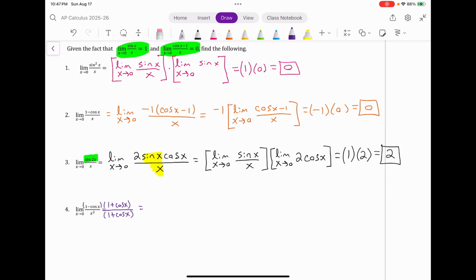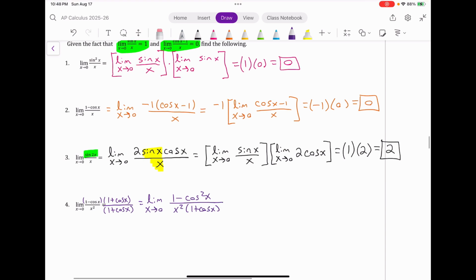So, all right, let's do this. So the limit as x approaches 0 for 1 minus cosine squared x over x squared times 1 plus cosine x.